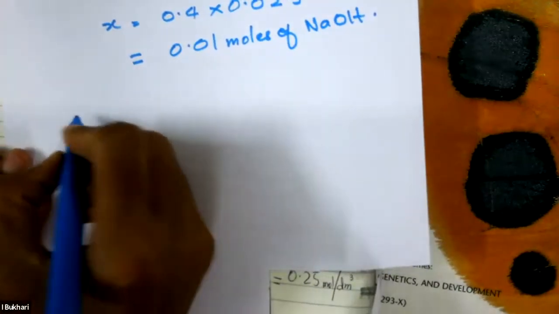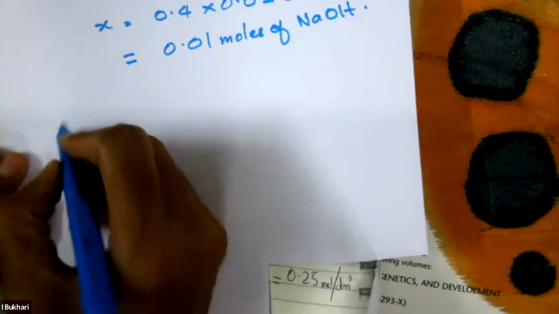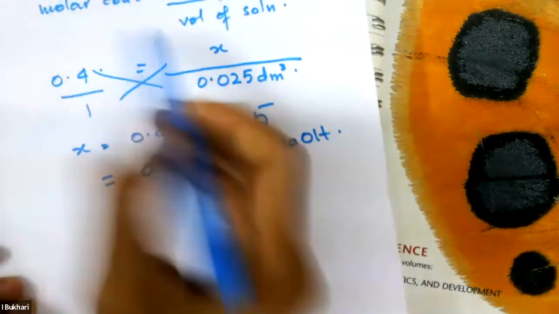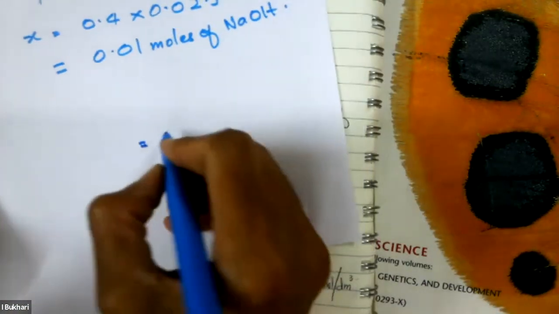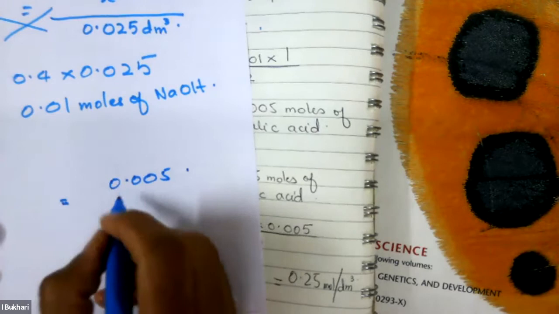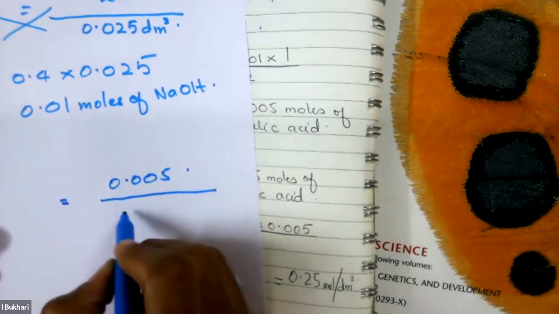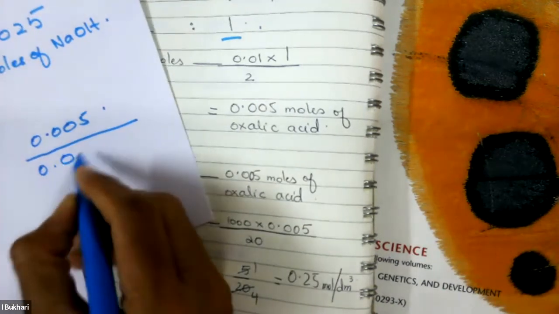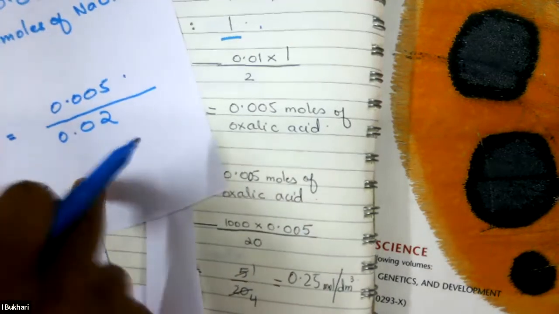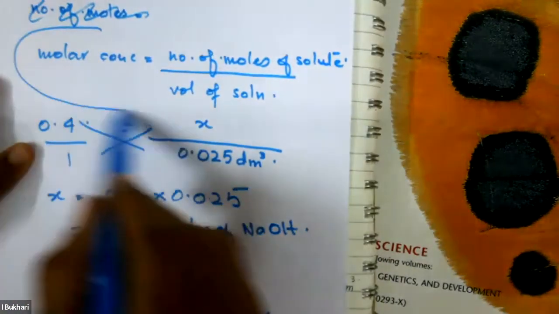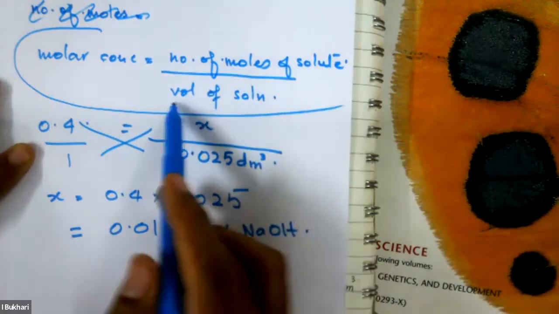Let me use the formula because you guys can get confused. Molar concentration is equal to the number of moles divided by the volume of solution.